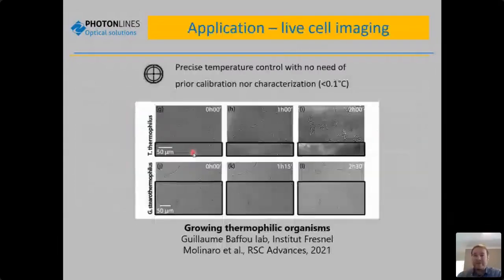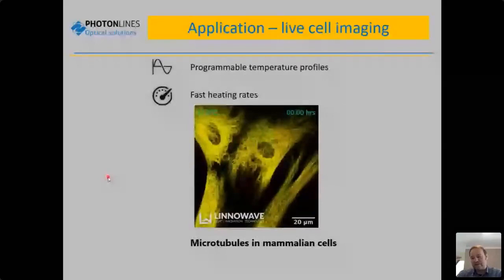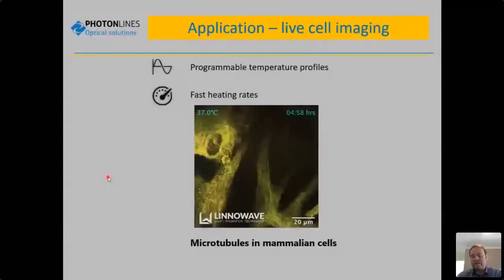There are some applications for live cell imaging, for example, precise temperature control. This was growing thermophilic organisms, which grow at, I'm not sure, 60 degrees or something. These are the ones that are also used for PCR, so the enzymes of these ones. And then, of course, you can keep your cells happy for a long time, and as I said, do very, very precise heat shocks.